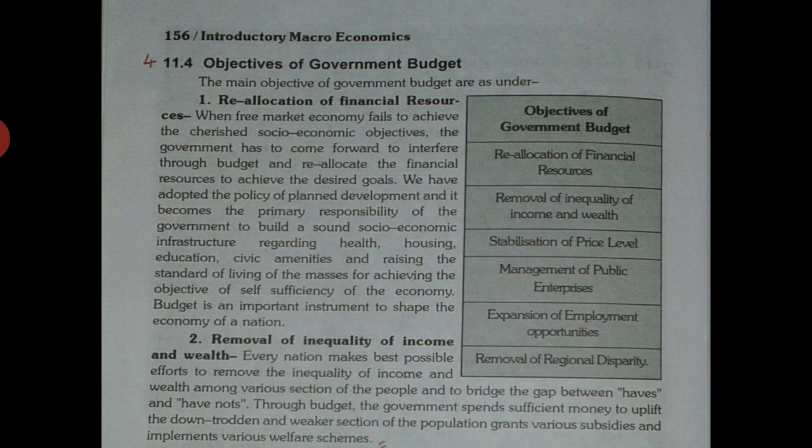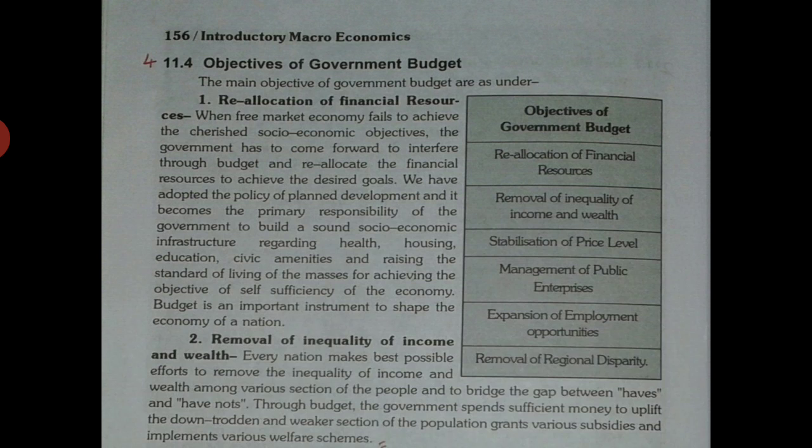Point number 5 is expansion of employment opportunities. Until and unless the living standard of poor people is raised and poverty is abolished, the aim of gaining the highest national income or GDP or per capita income cannot be achieved.